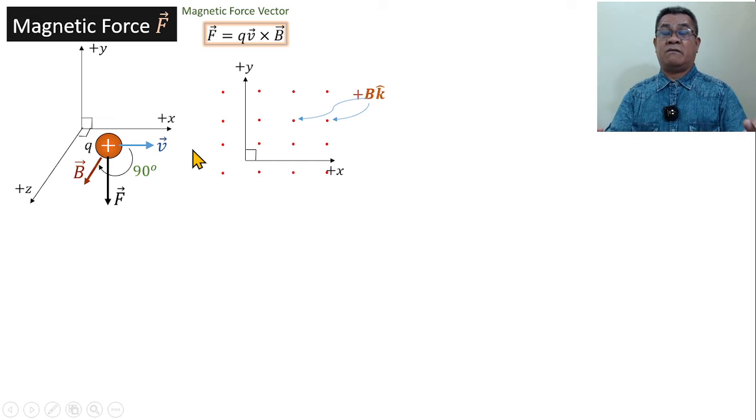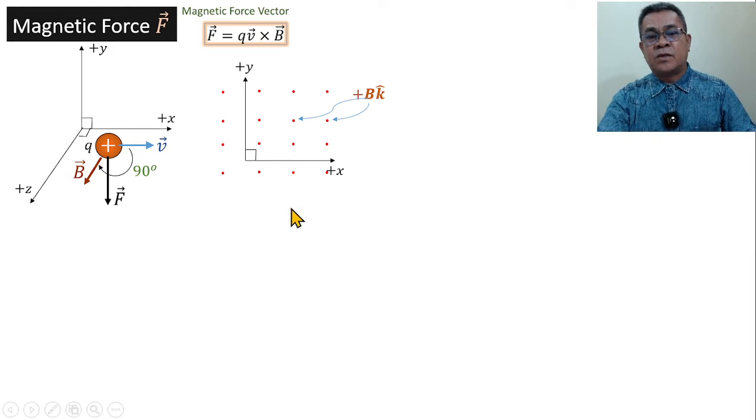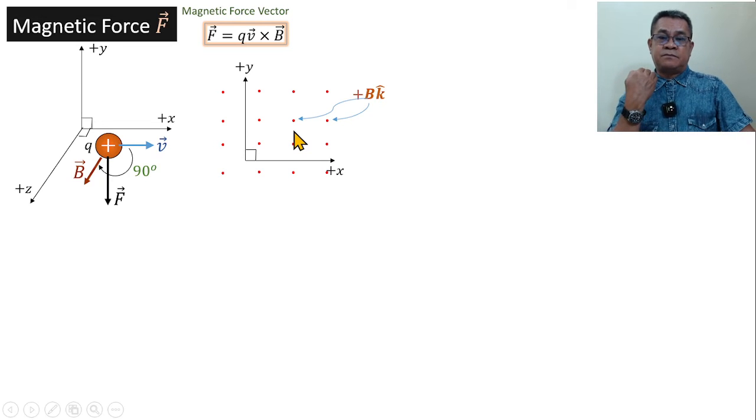It can be a varying magnetic field, but in this case, let's start with a constant magnetic field. So the magnetic field is towards you. That's the meaning of the dot: towards you.